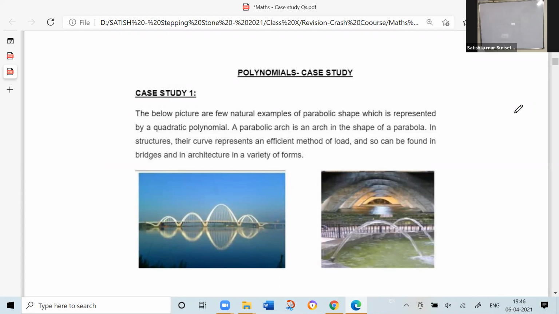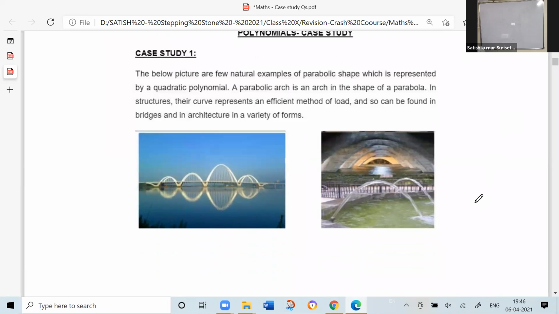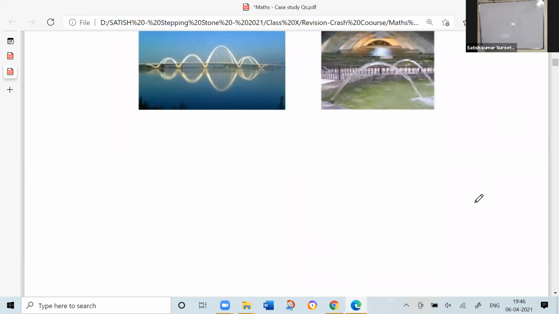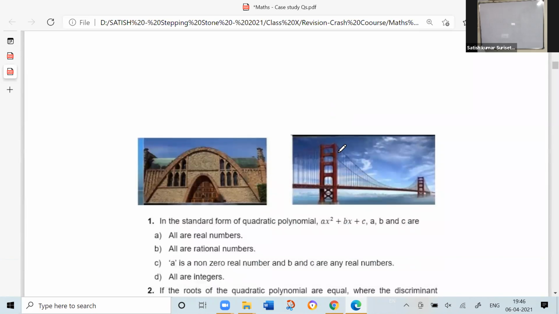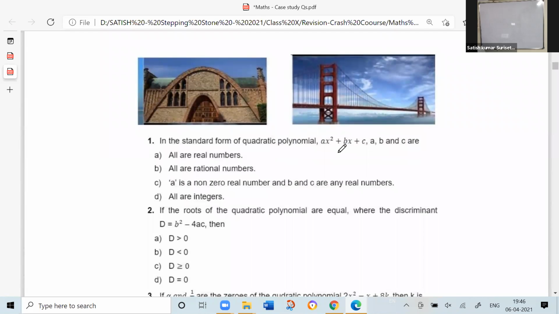In structure, their curve represents an efficient method of load and so can be found in bridges and in architecture in a variety of forms. So these are a few more pictures. Now, try to answer the first and second question.